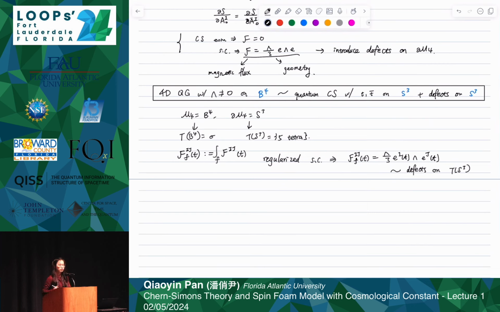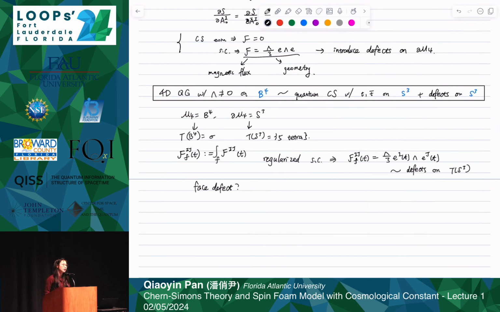Then you think, what kind of defects should we impose? Because it's a 2-form constraint, a natural thing is to introduce maybe a face defect. But the problem is that we are not very familiar with how to deal with face defects.